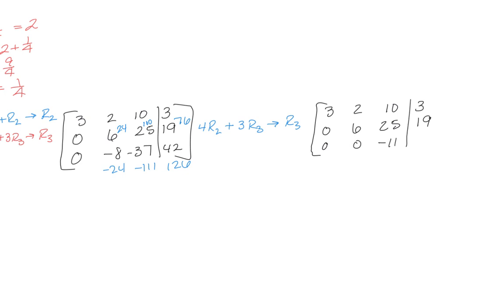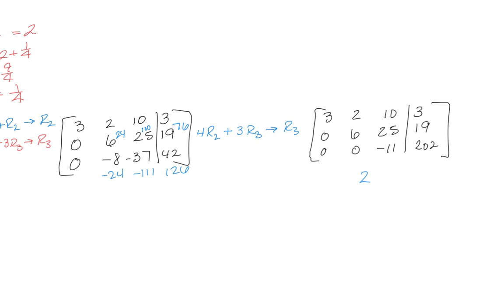And then I have 76 plus 126 is 202. This tells me that my negative 11z is equal to 202. Hopefully this will divide nicely, and it does not. So I get 202 over negative 11 as my z value.